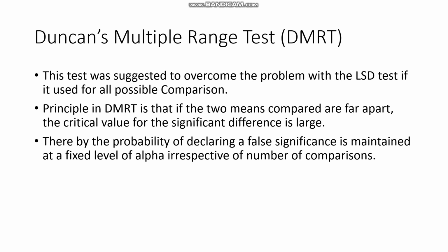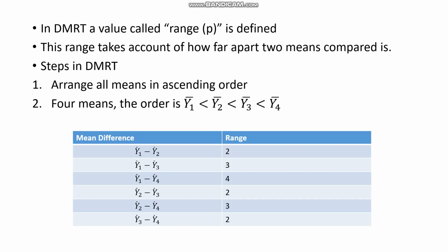The principle in DMRT is that if the two means compared are far apart, the critical value for the significant difference is large. Thereby the probability of declaring a false significance is maintained at a fixed level of alpha irrespective of the number of comparisons. Okay, these are the steps.